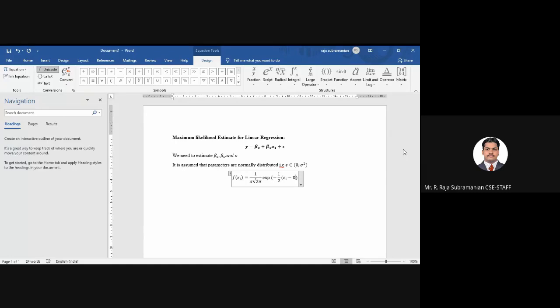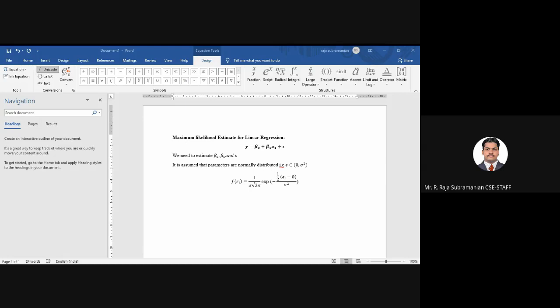So epsilon I minus 0 divided by sigma squared. So this is the entire formula for the normal distribution, right? This is actually the normal distribution formula for a regression term.